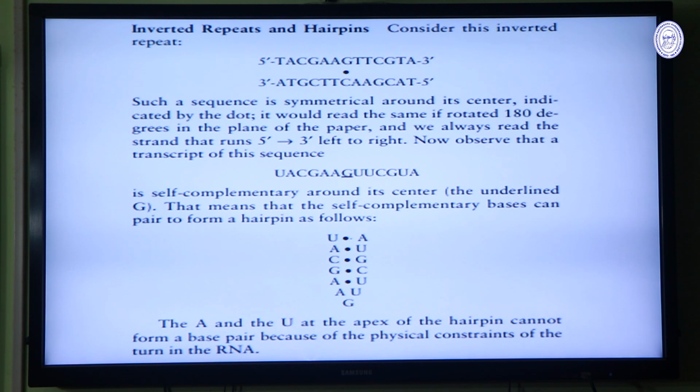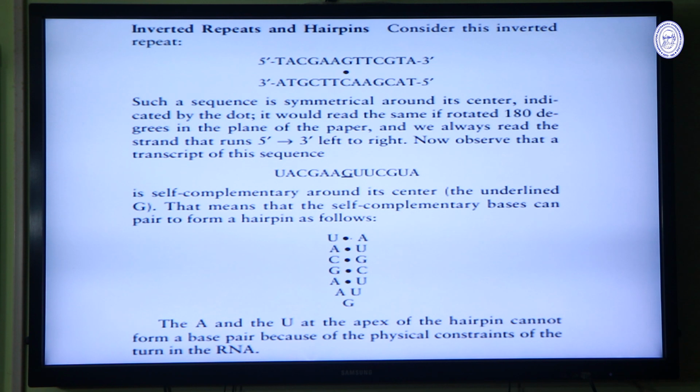The upper strand, if I read from 5 prime to 3 prime, is TACGAA, and the lower strand, if I read from 5 prime to 3 prime, is also TACGAA. So, we call it a palindromic sequence.